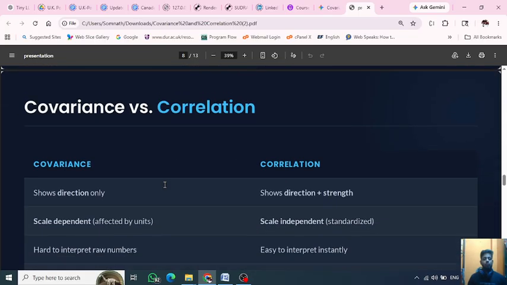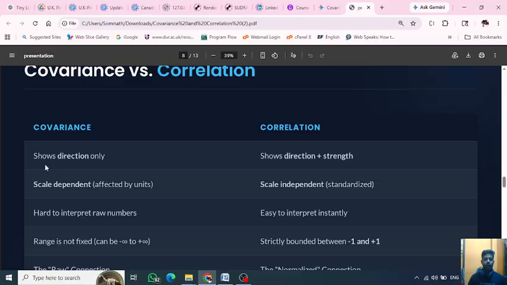Now, just the comparison table, covariance versus correlation. Covariance shows direction only. Correlation shows direction plus strength. Covariance is scale dependent, that means affected by units like dollars and rupees, right? Correlation is scale independent because it standardizes the value.